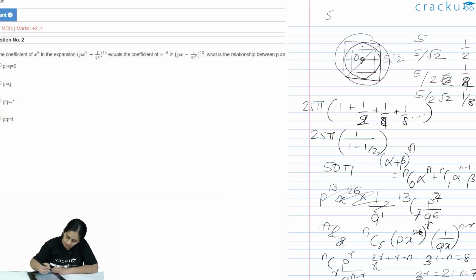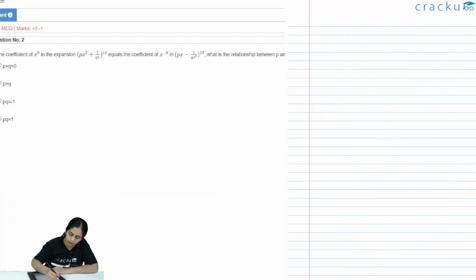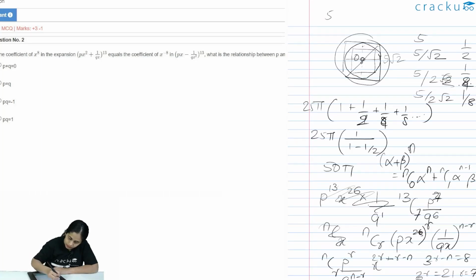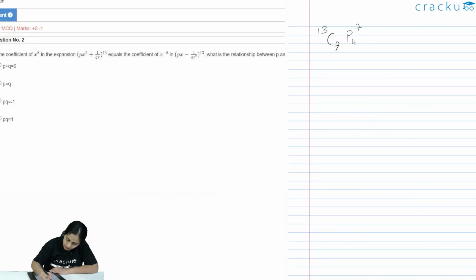This is equal to 13C7 p raised to 7 by q raised to 6.